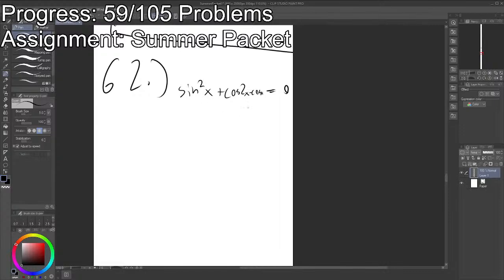Oh, wait a minute. Can I just save this cos x? Does this subtract? No, no way it does. I don't think it does. I could probably Photomath that, right? You can tell me if they subtract.